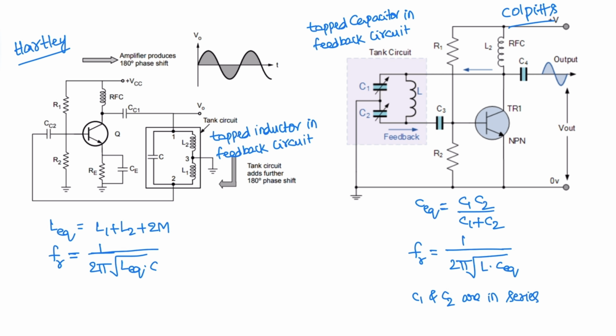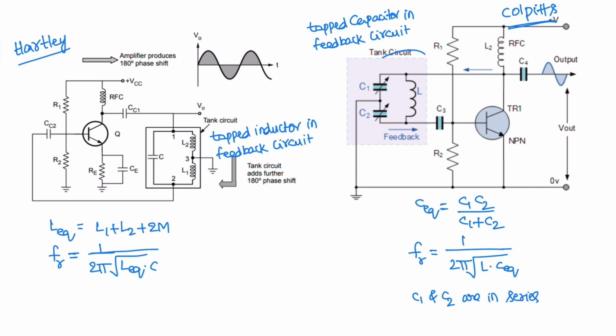This portion is the tapped inductor circuit, and the equivalent inductance is L1 plus L2 plus 2 times the mutual inductance. If those two inductors are in series aiding connection, then the oscillation frequency is 1 by 2 pi square root of L equivalent into C. Similarly, this circuit diagram shows the Colpitts oscillator.